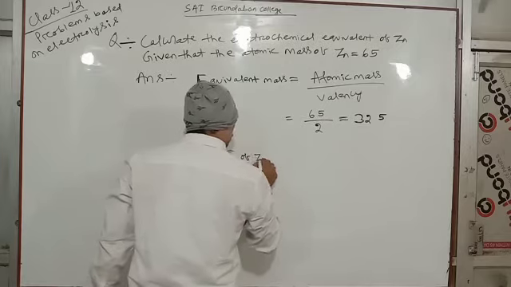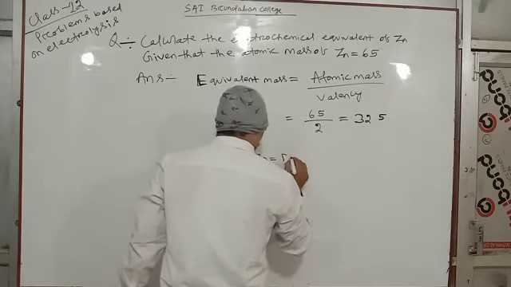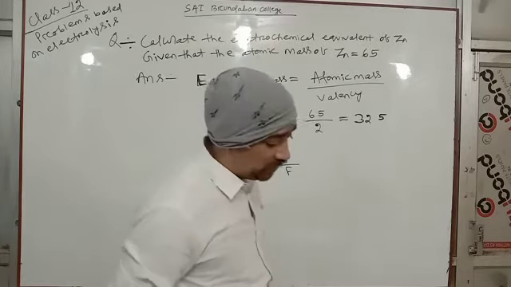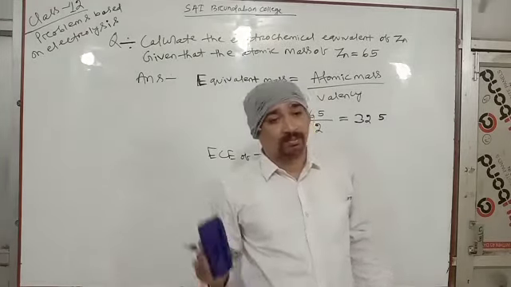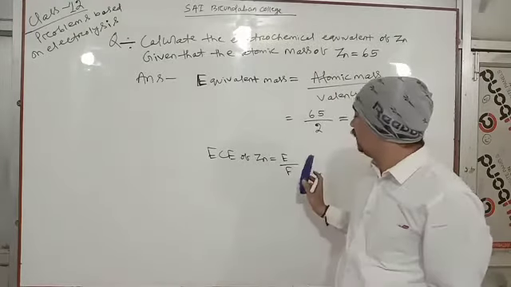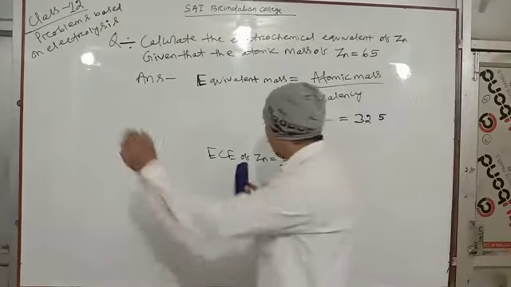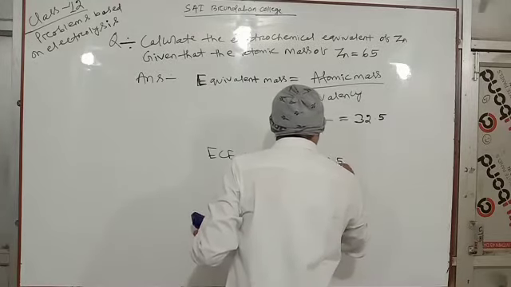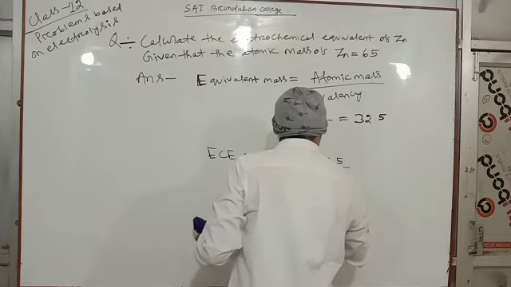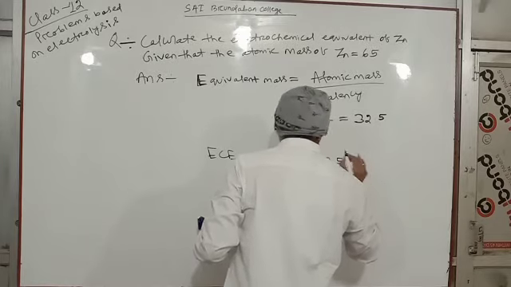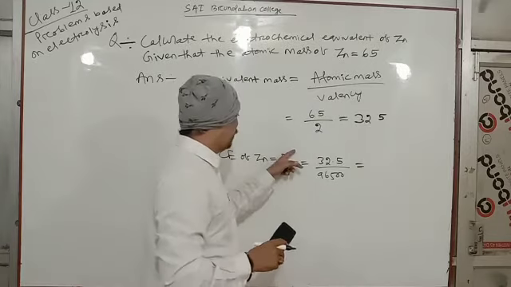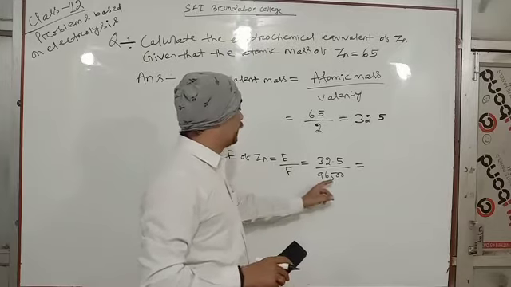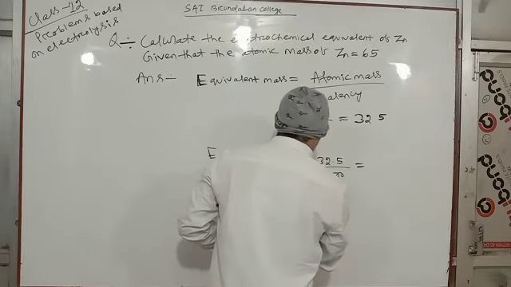EC of zinc equal to E by F. That is the formula. EC of zinc is 32.5 divided by F, 32.5 divided by 96500. E is 32.5, the equivalent mass. F is 96500 coulomb.